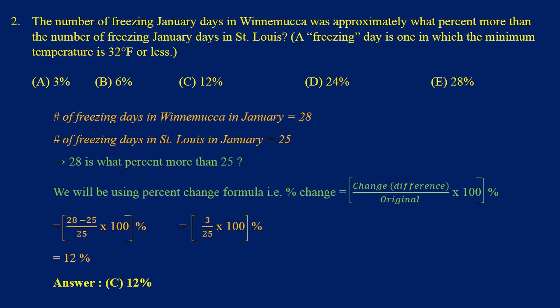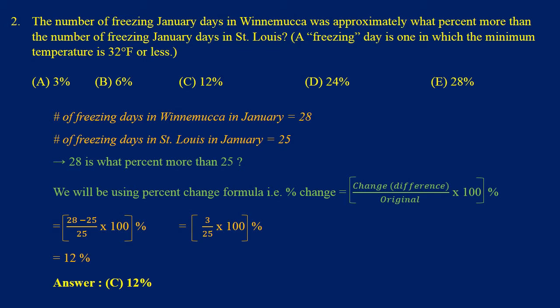Right? So the number of freezing days in Winnemucca in January was 28, and the number of freezing days in St. Louis in January was 25. So what we're basically going to find is 28 is what percent more than 25, right? As mentioned in the question as well.